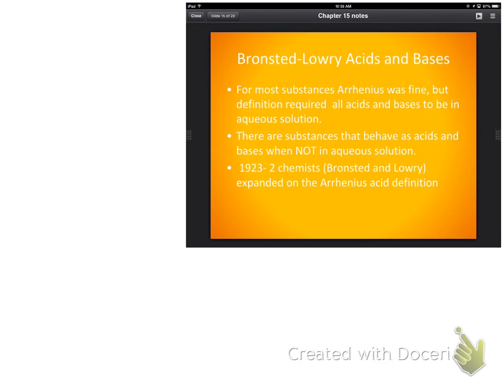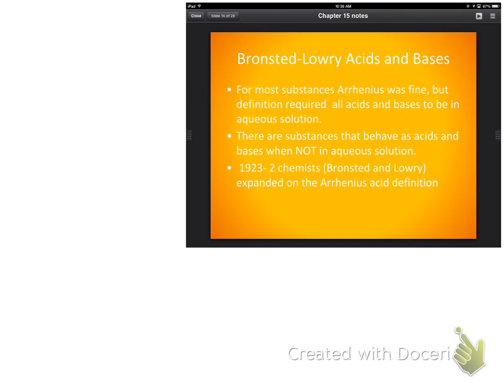Okay, so for the most part, Arrhenius was a fine definition. It was a good working definition for acids and bases. But one of the big problems with it is, and we said this with HCl, it's not an acid if it's in a gaseous form.